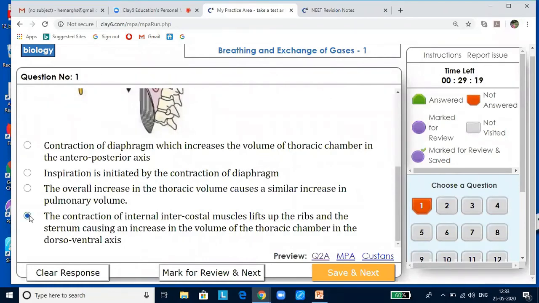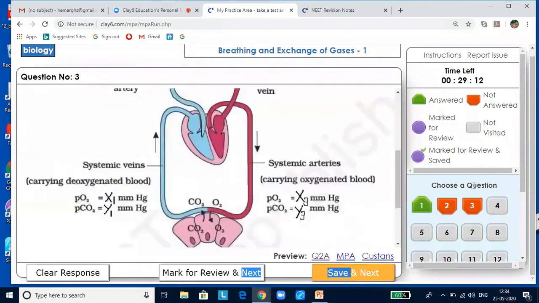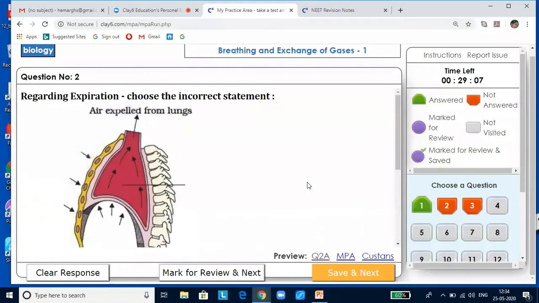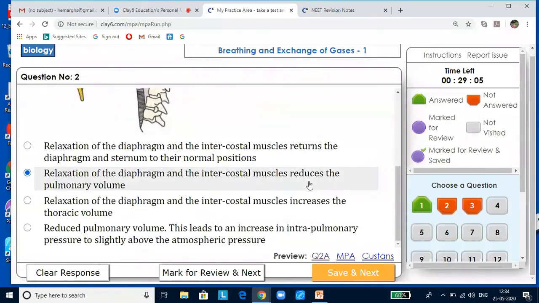So this is the incorrect statement. Sorry, let us look into the second question. Now regarding expiration, choose the incorrect statement. So relaxation of the diaphragm and intercostal muscles increases the thoracic volume.